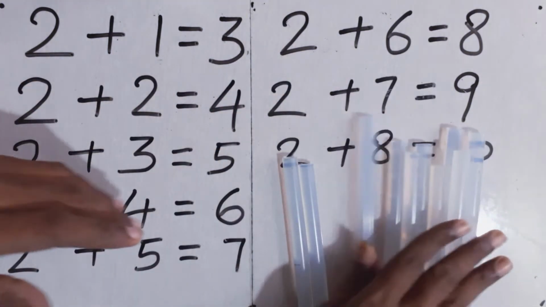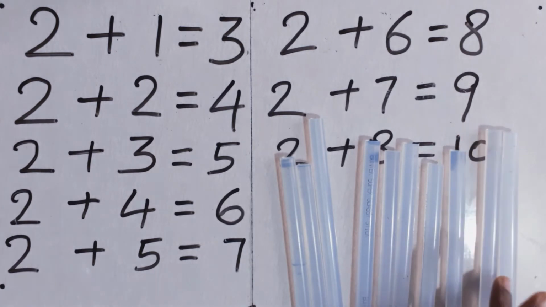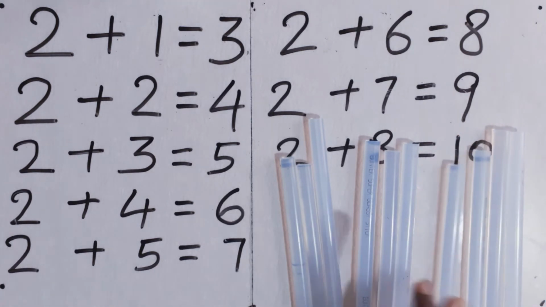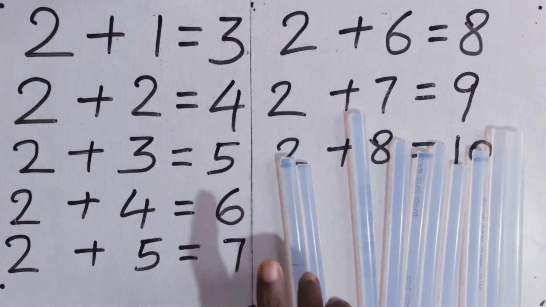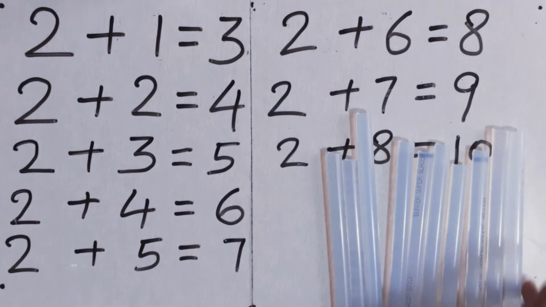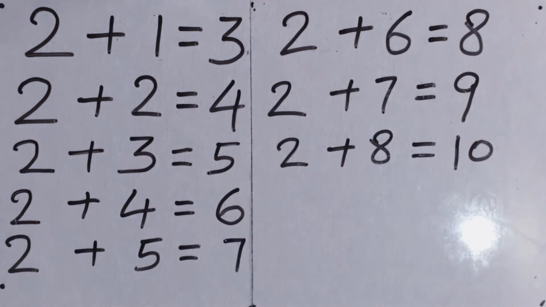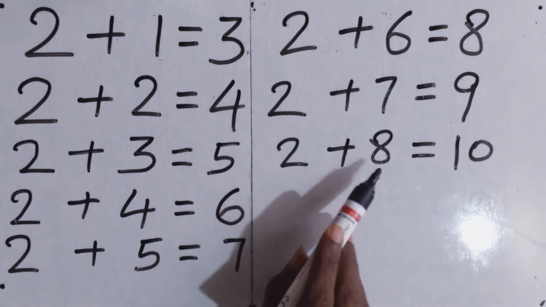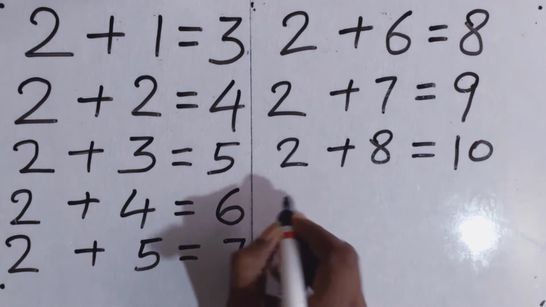Now you count 2 plus 8. 1, 2, 3, 4, 5, 6, 7, 8, 9, 10. 2 plus 8 is equal to 10.